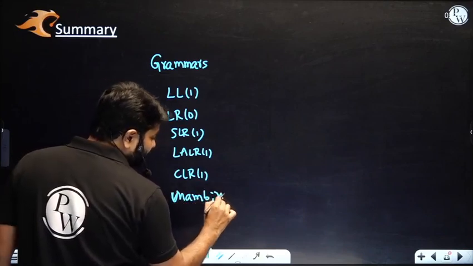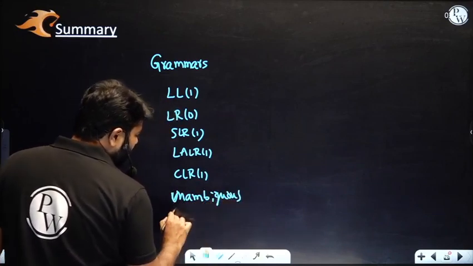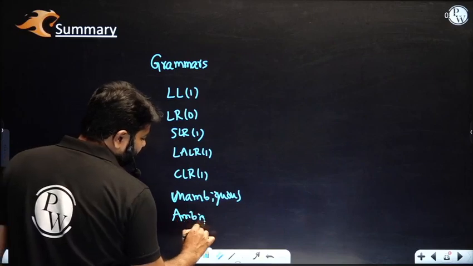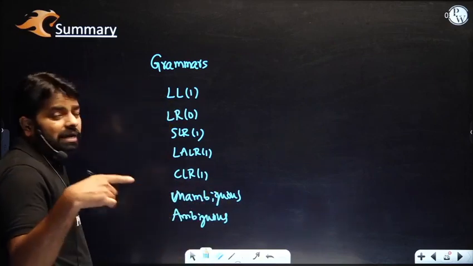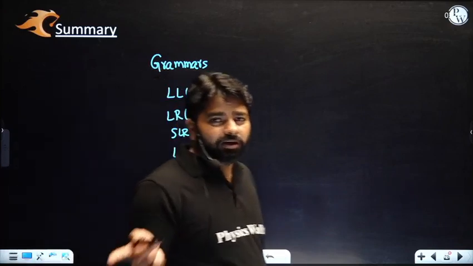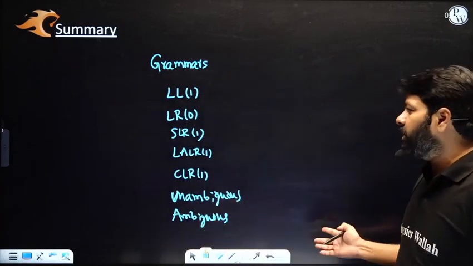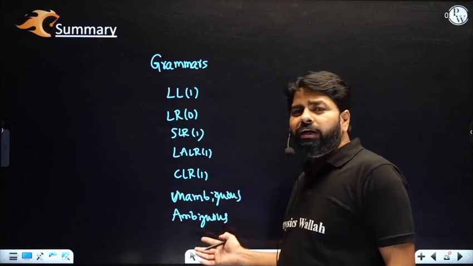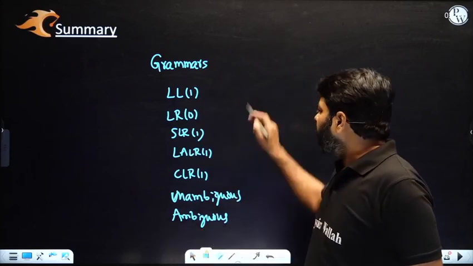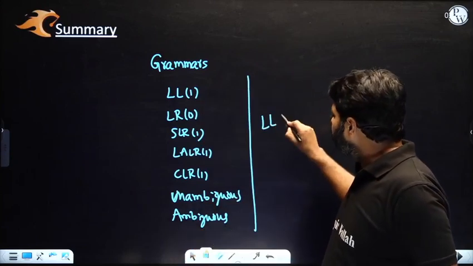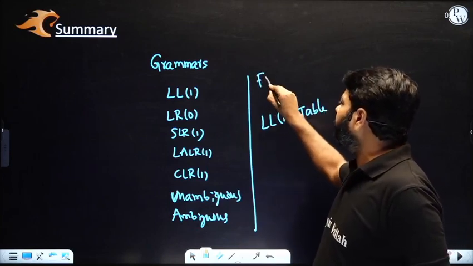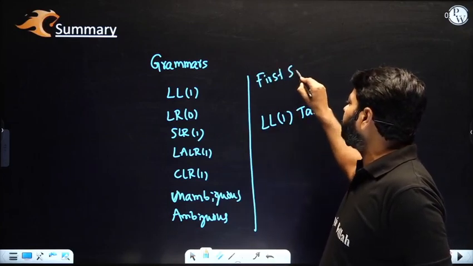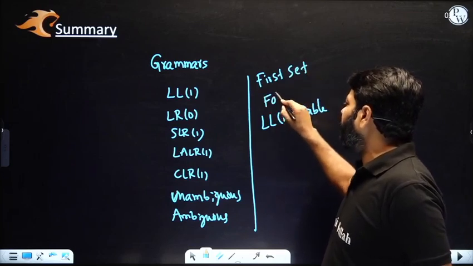You need to identify this grammar also, and ambiguous CFG. Apart from this, any other grammar that you have seen, such as left recursive grammar, you have to identify if the grammar has left recursion. So various types of grammars we have learned, and then we have also seen the LL1 table. Before that we computed the first set and follow set. In the exam you will see them directly.